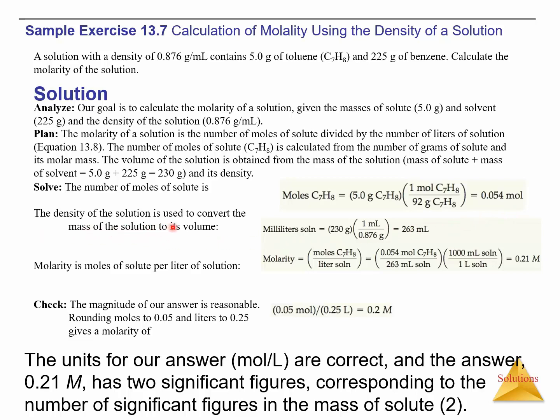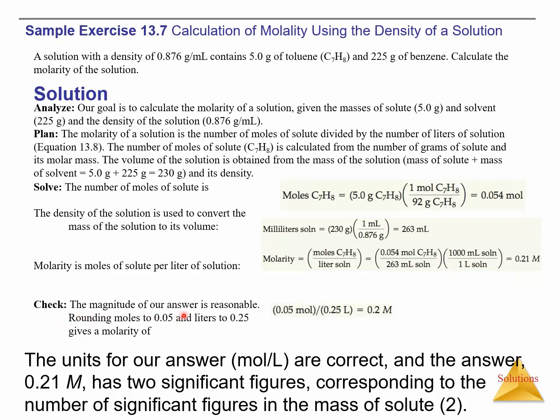The density of the solution is used to convert the mass of the solution to its volume. Then milliliter of solution equal 230 grams times 1 divided by this density, and we have 263 ml. Then molarity in moles of solute per liter of solution. We have the moles and we have the solution. We convert it to liter and we have molarity equals 0.21.